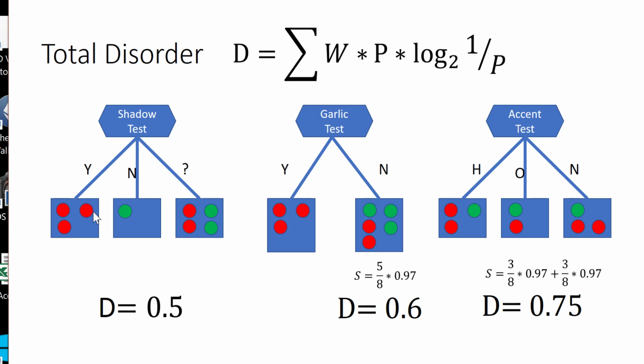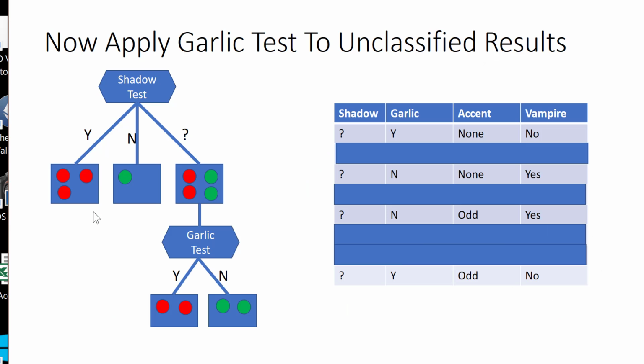Now let's see what happens if we do that. If we apply the shadow test first, we get this result. And now we can apply the garlic test to this box. And again, now we've got no disorder at all. So that's the order that we should apply these tests.